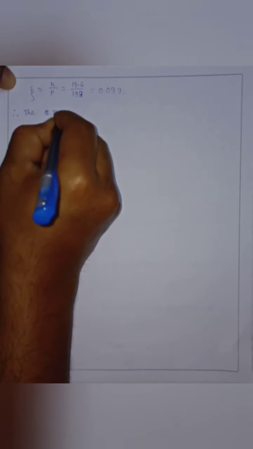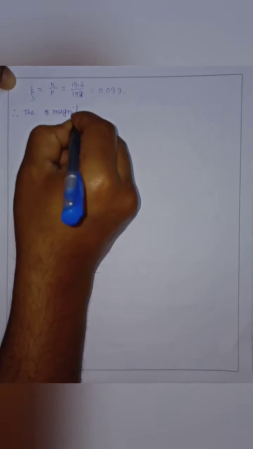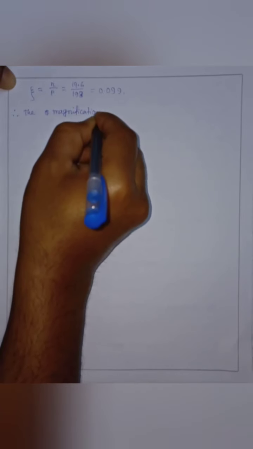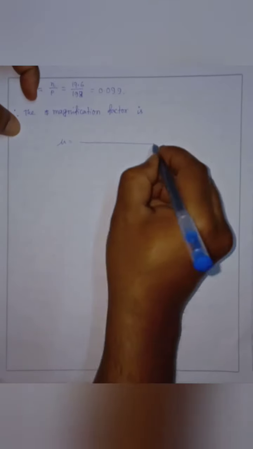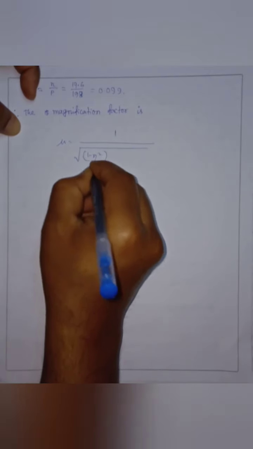So the magnification factor is equal to 1 by the square root of (1 minus eta square) whole square plus (2 eta xi) whole square.